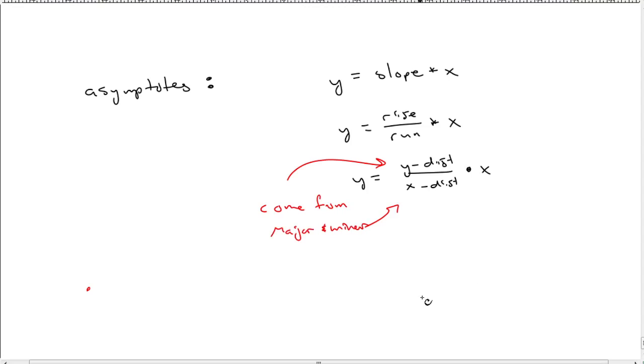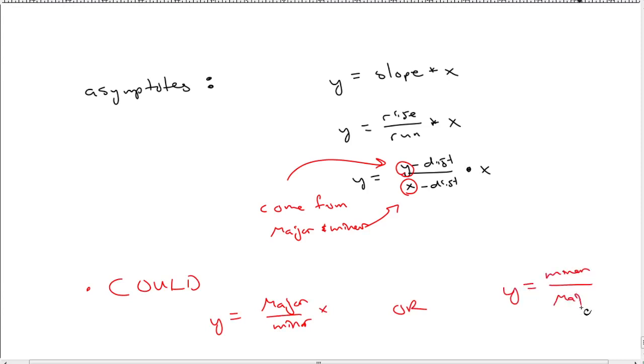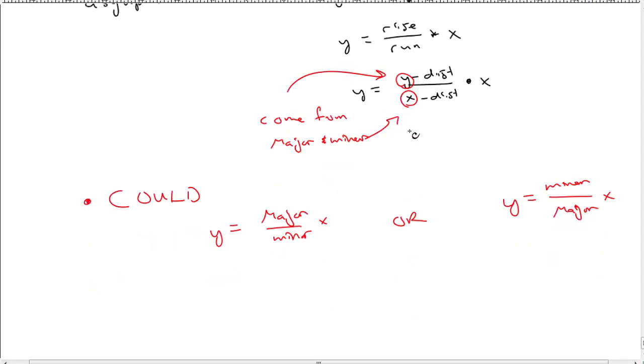Now, I don't always know which one goes where, because this is a y value, this is an x value, always. So it could be y is equal to major over minor x, or it could be minor over major x. The main point, I don't care about which one it is right now, the main point is that it's a y on the top and an x on the bottom, rise over run, slope, okay?